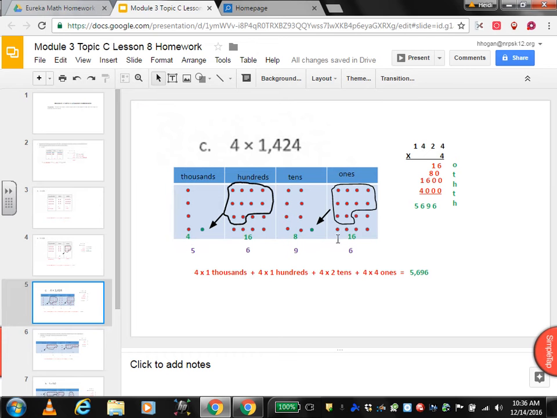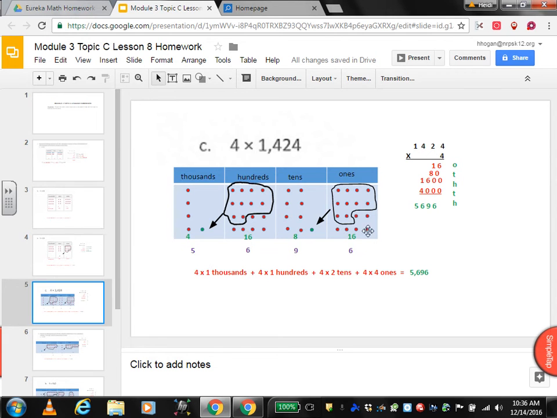I did that in green so you can see what it is before regrouping. If we take a group of 10, and I made that dot green, now we're left with 6 ones, and now we have 9 tens. If we take 10 of the hundreds and make it 1,000, instead of 1,600s, we have 600s, and now we have 5.